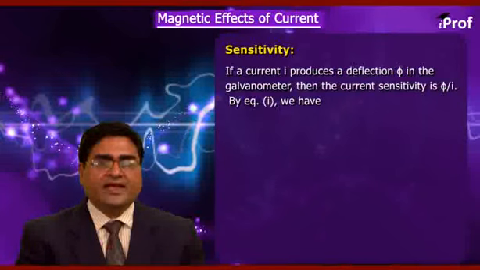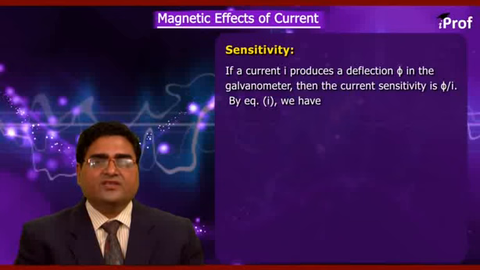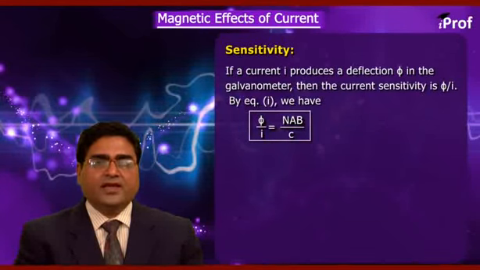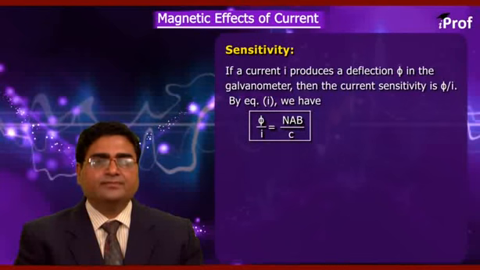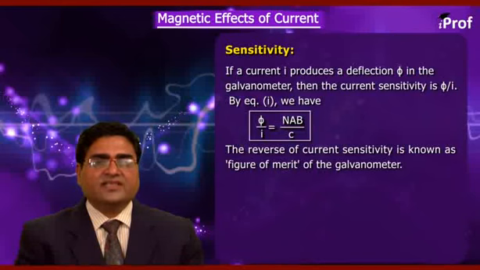If a current I produces a deflection phi in the galvanometer, then the current sensitivity is phi upon I. By equation 1, we have phi upon I equal to NAB upon C. The reverse of current sensitivity is known as figure of merit of the galvanometer.